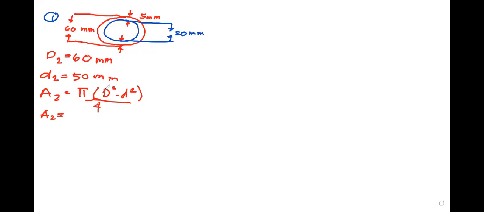We have area 2 equal to 275 pi mm squared. So, we get the units first before the equation of equilibrium.